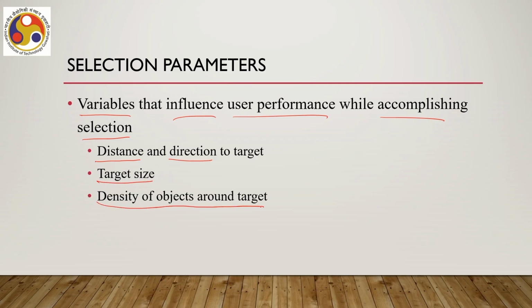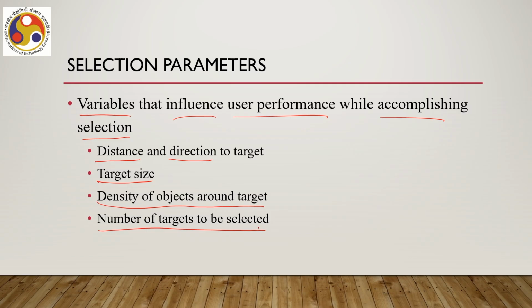density of objects around the target, that means whether the object to be selected is a standalone object or it is surrounded by other objects, and how densely the surrounding objects are placed around the object to be selected or objects to be selected. This is also an important parameter that decides the performance of selection.